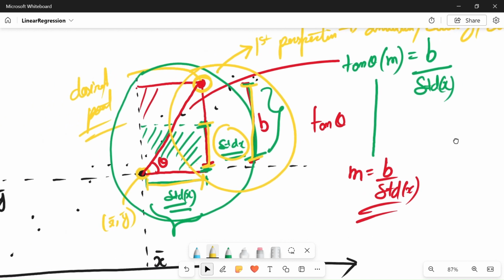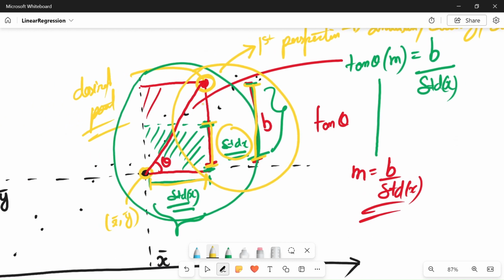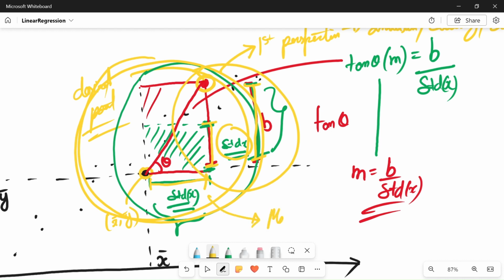And if you focus on this diagram as a whole, then you get to the mathematical perspective. The mathematical perspective is easy.